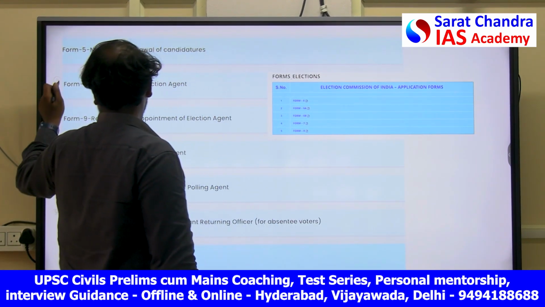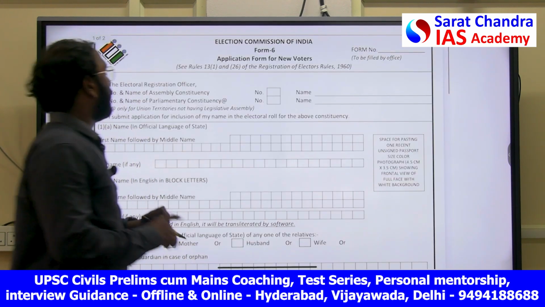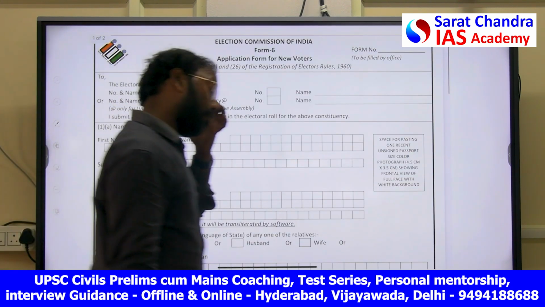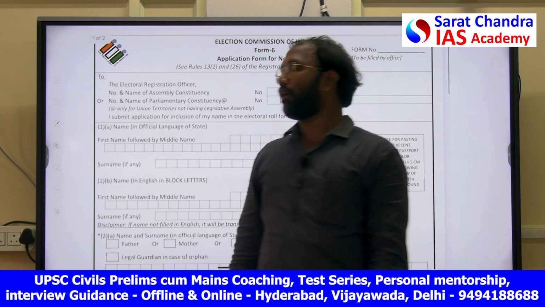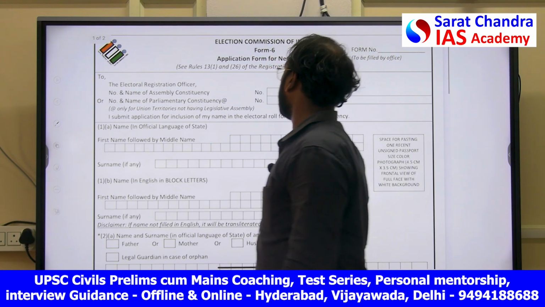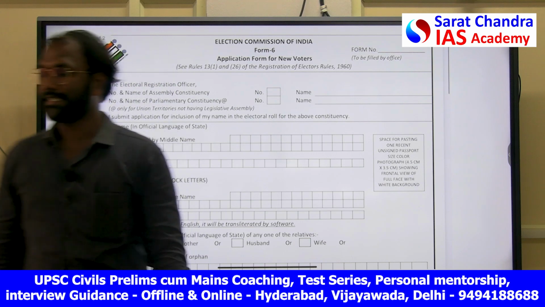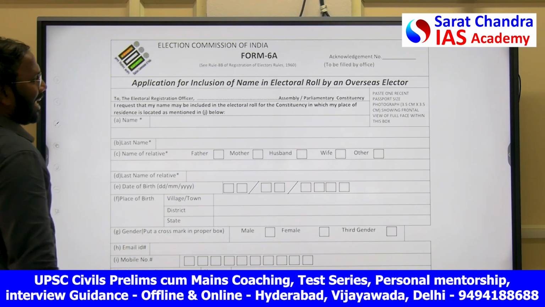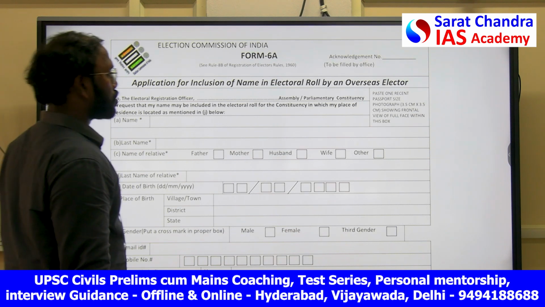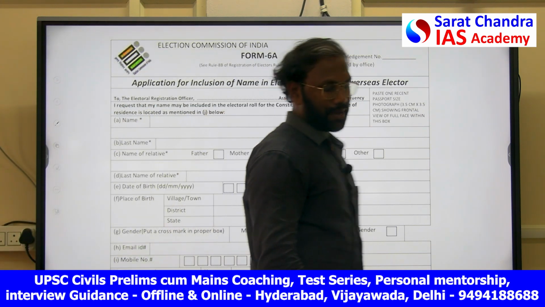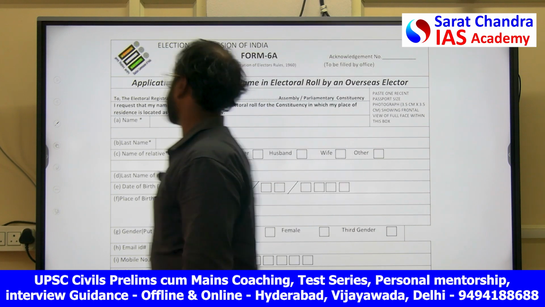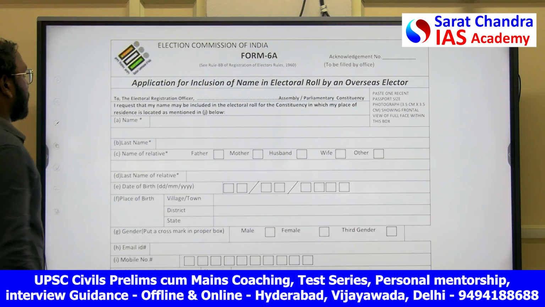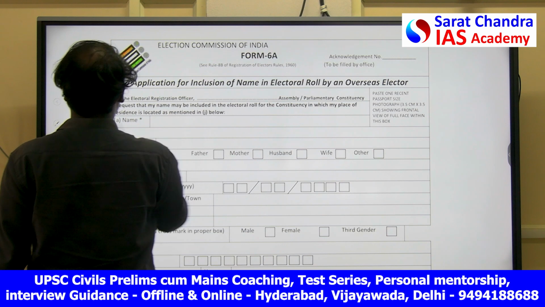Then Form 6. Form 6 deals with application for new votes. If a person wants to enroll as a new voter, Form 6 is the needed one. And then we have Form 6A, which talks about inclusion of names in electoral rolls by an overseas elector. So if you are an overseas elector, you must use Form 6A.